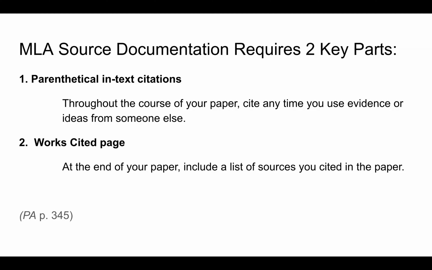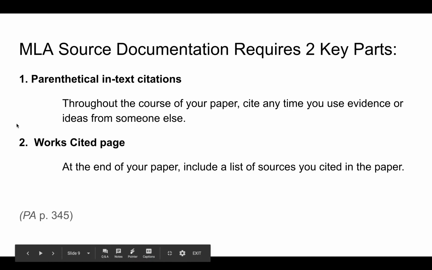So as Practical Argument page 345 says, we're going to flip again. I'm going to give you a second here while I flip to page 345. Right under the blue box there, MLA documentation consists of two-part parenthetical references and then the works cited list. So the parenthetical citations occur throughout your paper.